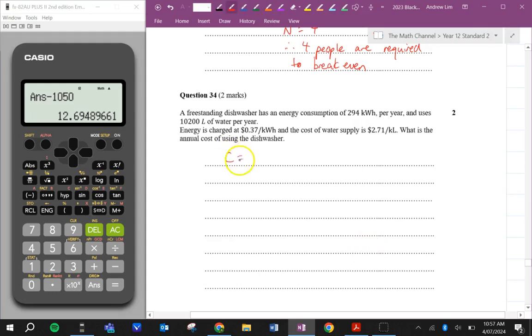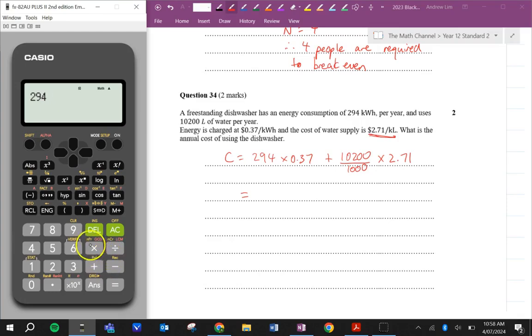So cost, we've got 294 kilowatt hours at 37 cents per kilowatt hour, as well as 10,200 liters, which is 10.2 kiloliters, because this is per kiloliter. So I need to take my 10,200 and divide it by 1,000 to turn it to kiloliters. And then times that by $2.71.